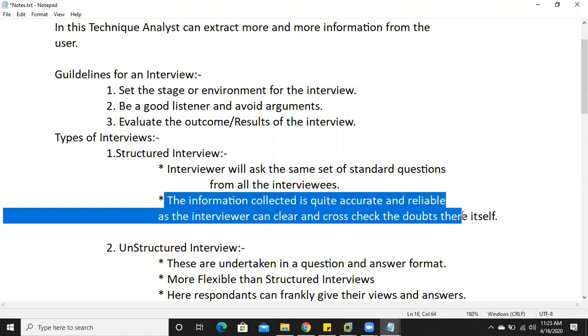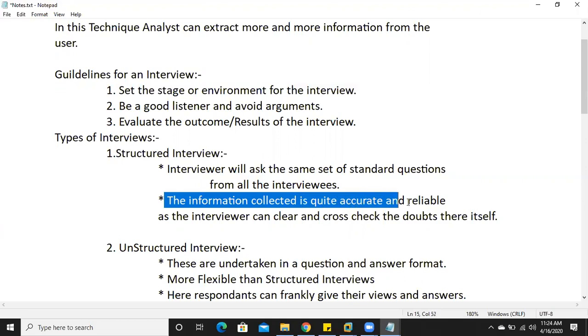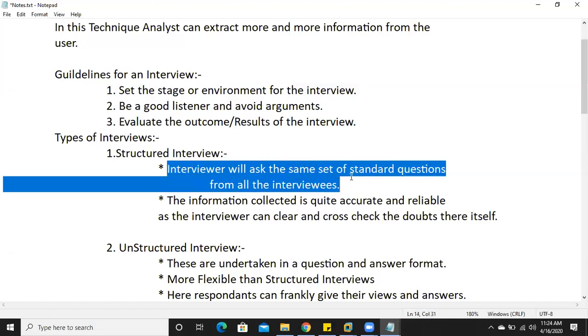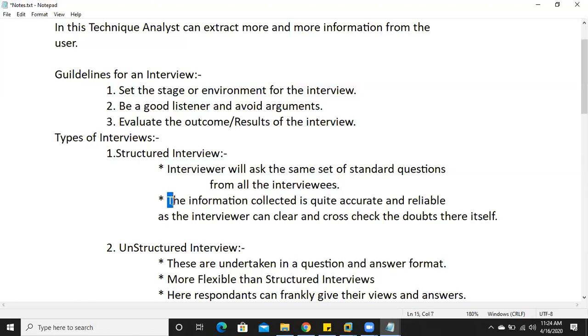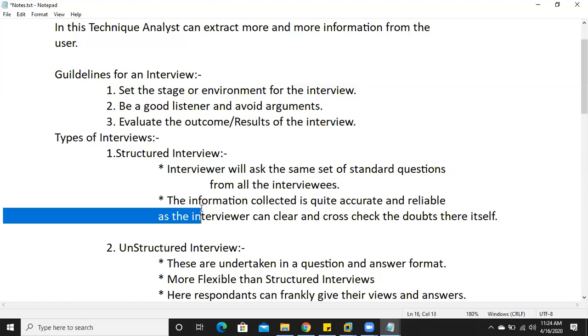So the information collected in these types of interviews is very accurate and reliable, because the interviewer is asking the same set of questions again and again. The most common answer he gets from the interviewees will be the correct and accurate answer.